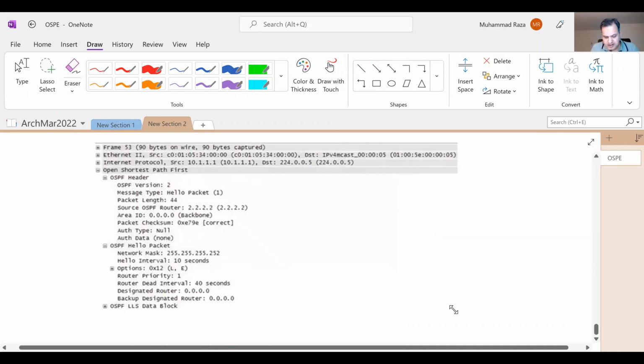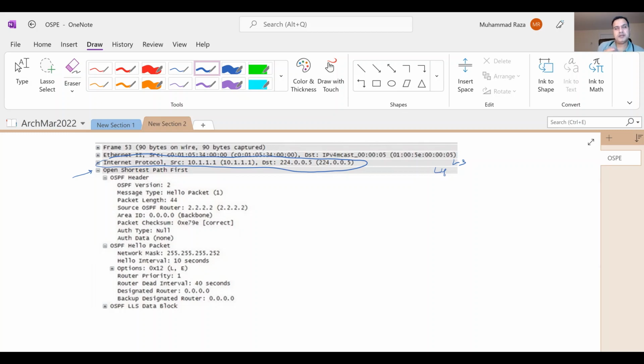You see the role of the Internet protocol, or IP layer, or L3 layer. Now, here I'm opening up an OSPF packet. So if this is L3, of course, this is L4, where the OSPF is. You see, is OSPF running on L3?